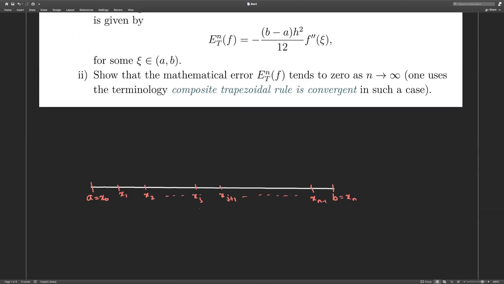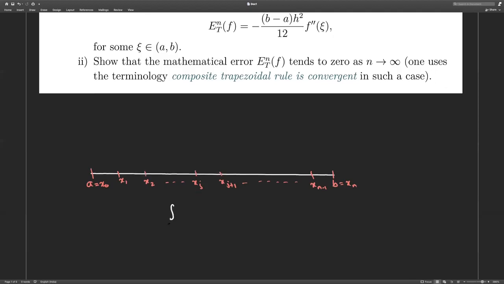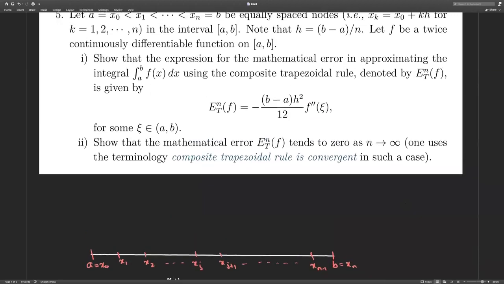As we know, we intend to put the trapezoidal rule for the integral from xj to xj plus 1 of f of x dx, where xj plus 1 is xj plus h, which can also be written as a plus (j plus 1) h, where h is given by (b minus a) by n.